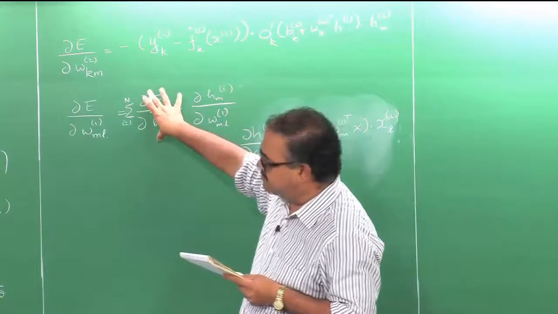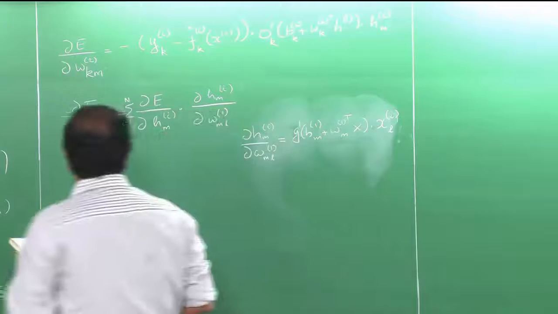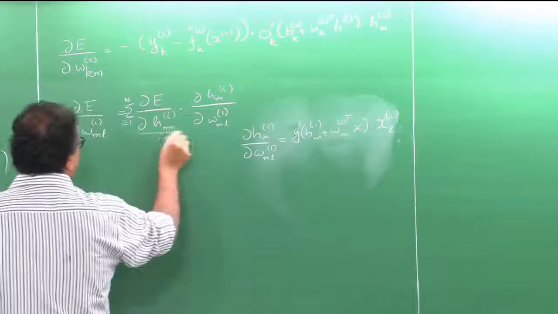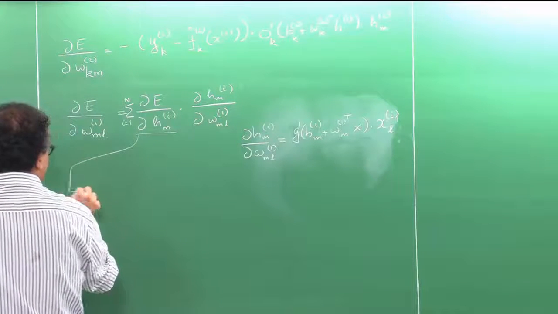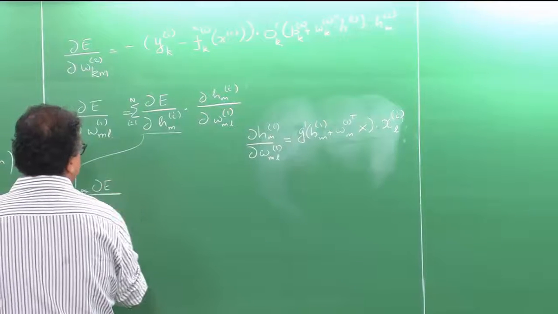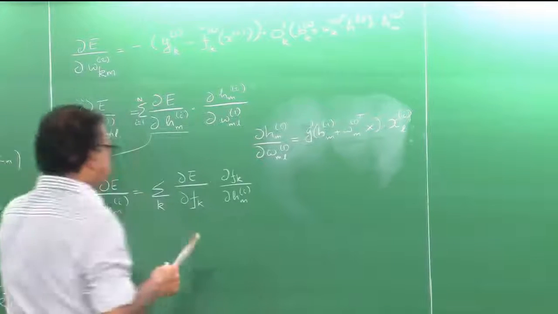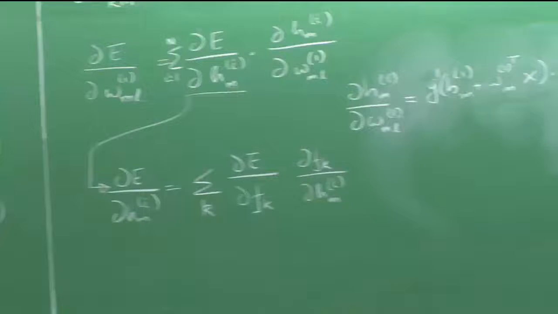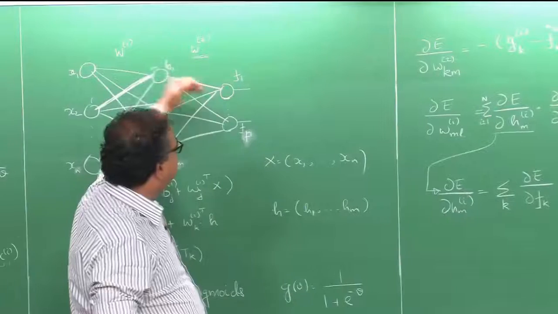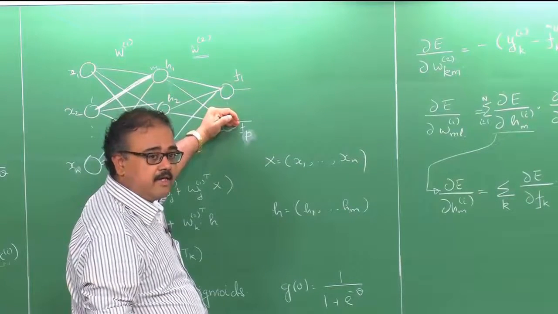The first term in this derivative is the one that requires a little bit more work. So, let us see how we do that. I am going to try and evaluate that expression here. The different ways in which the output of the mth neuron can influence the overall error is through each one of the output neurons that the mth hidden neuron connects to.